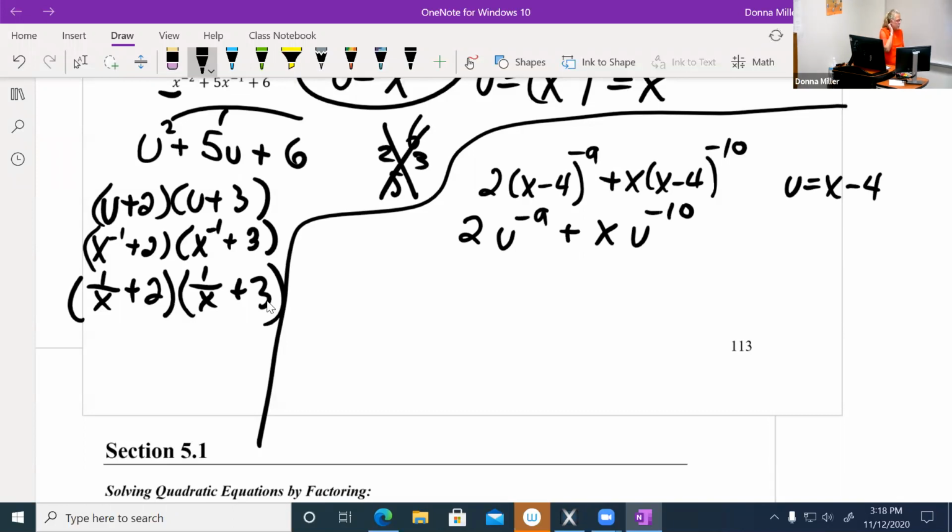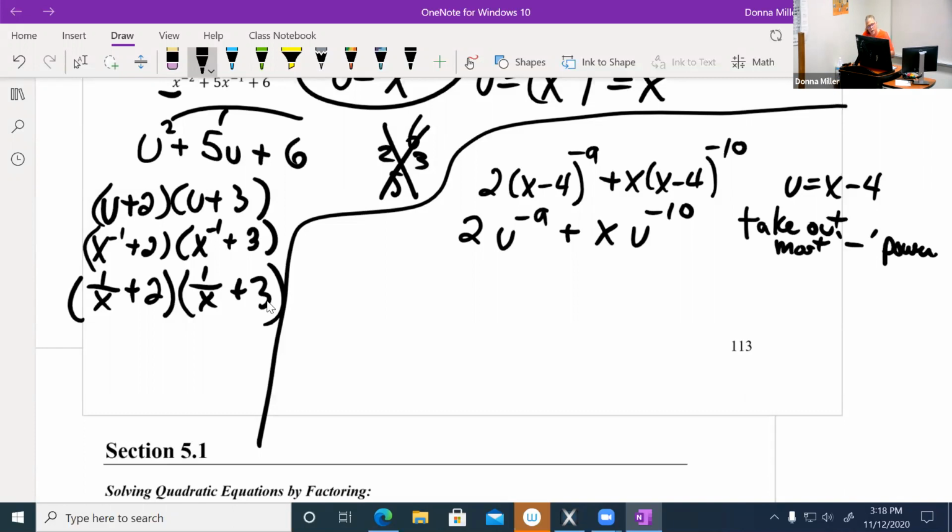Now I want to factor this. When you have negative exponents and they both have u's in them, I'm going to take out a power of u. Here's the hint: take out the most negative power of u. The most negative power is u to the negative 10, so that's what I'm going to factor out.